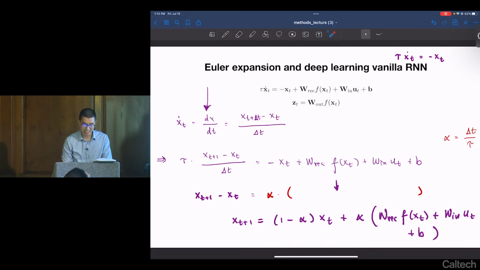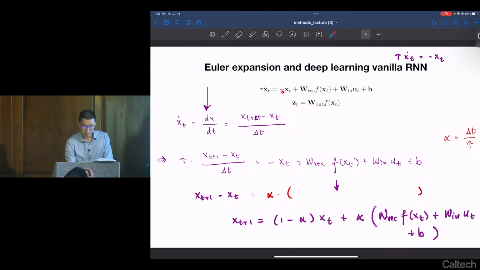Okay, let me try to say it another way. If I did not have this minus x of t term here, then this would be an x of t plus 1 equals, so there wouldn't be a minus alpha here. It would just be x of t plus alpha times this expression.